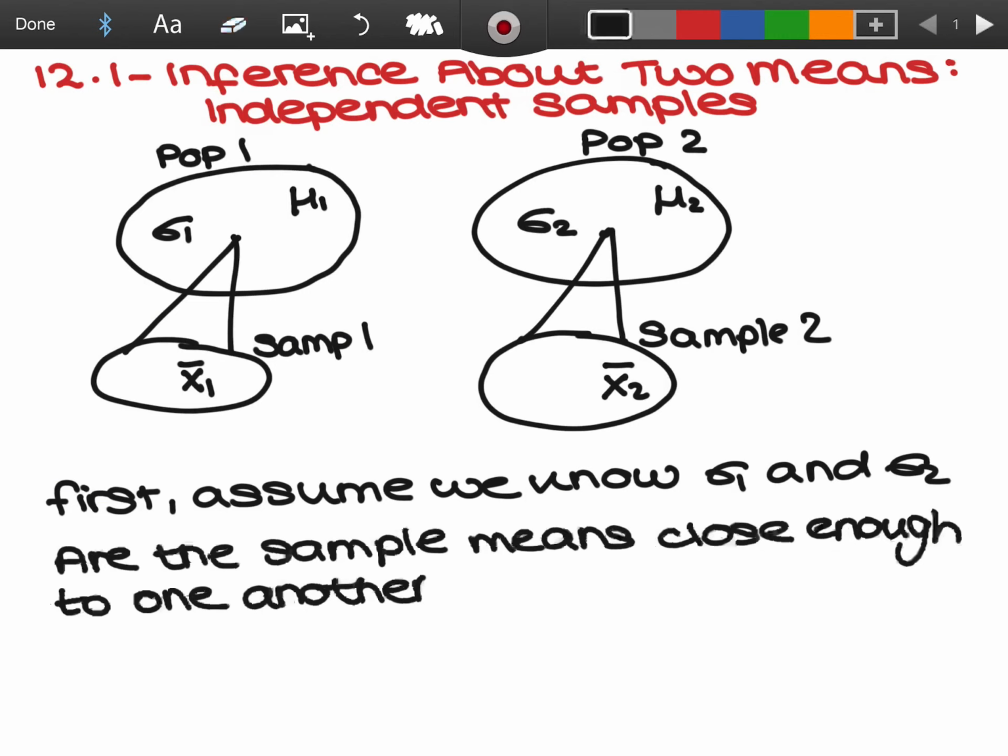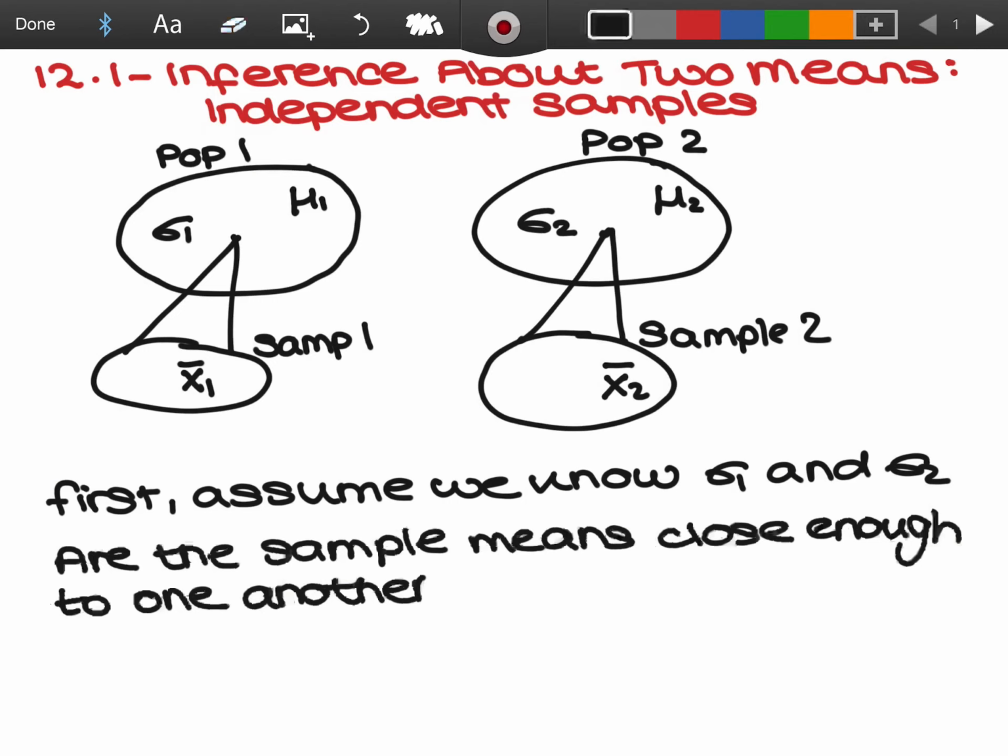If they're close enough to one another, then we can probably assume that the populations from which they come have the same mean. If you take samples out of two different populations, as long as you've taken a representative sample, if those sample means are close enough, it's probably a pretty good guess that the populations from which they come have the same mean.